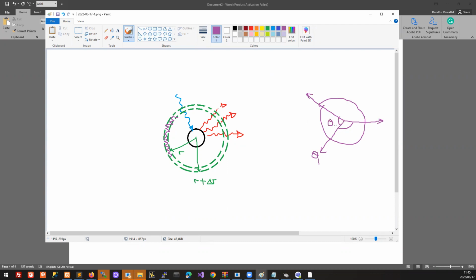Those are the two angles. For any pair of angles, theta 1, theta 2, we have to think about a certain R position. R is fixed in spherical coordinates, so it's basically a sphere. At R, we have one sphere. At R plus delta R, we have another sphere.